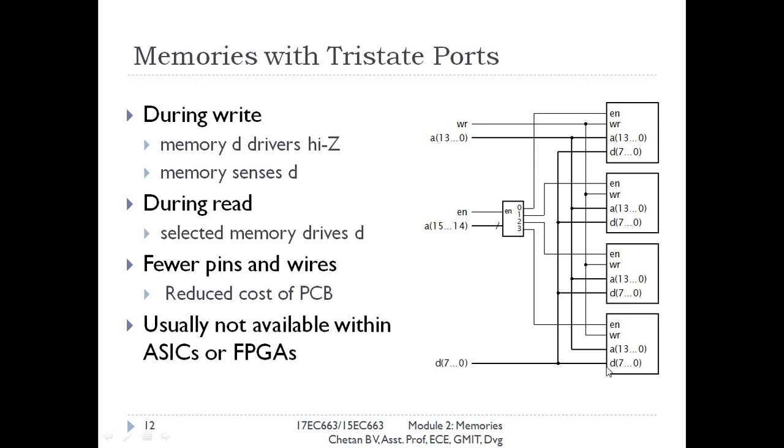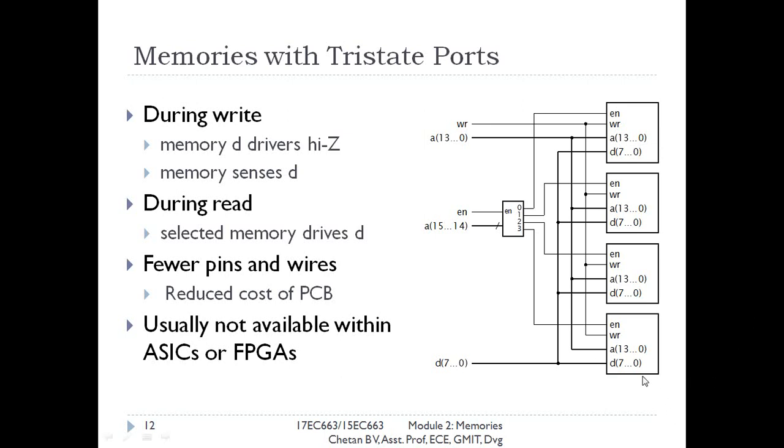During read operation, we need to fetch the data from one of the locations whose address is determined by this address line, and we have to output on this common bidirectional line. As you know, there will be 8 lines here. Each line will have one pair of buffer and tri-state driver.